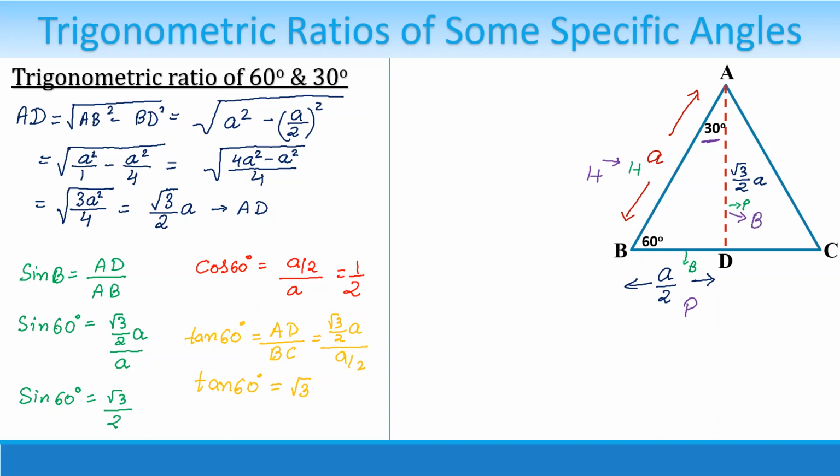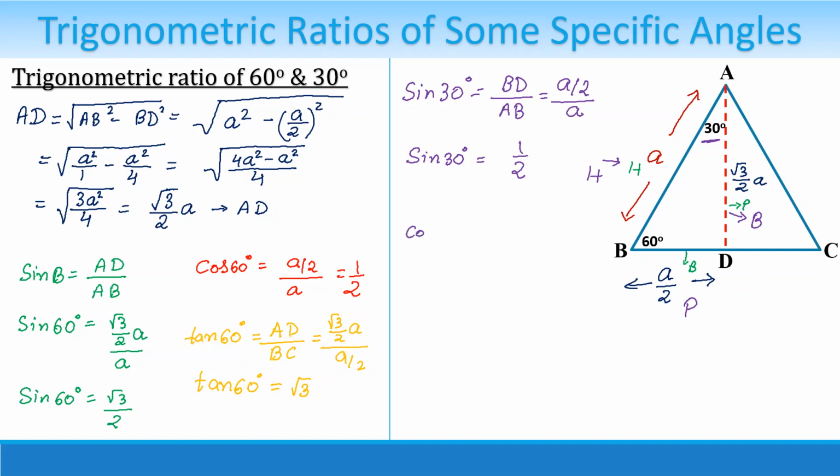Now if I have to calculate say sine of 30°, it is perpendicular by hypotenuse, that is BD by AB. So BD is a by 2, AB is a. On solving, it gives sine 30° is equal to 1 by 2.